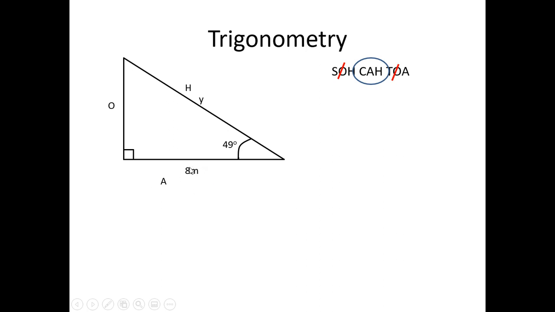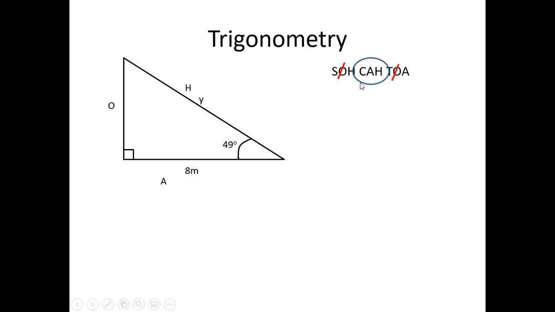Now, I'm trying to find H, so I need that. I've got information about A, and I know nothing at all about O, and it isn't going to help me. So I don't need O.